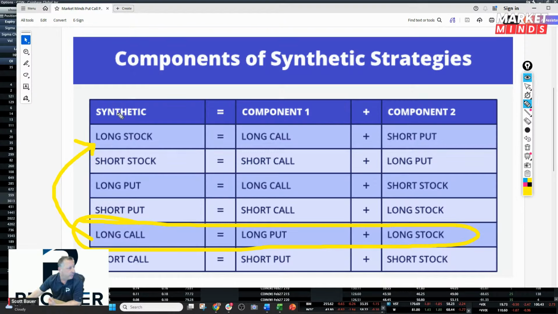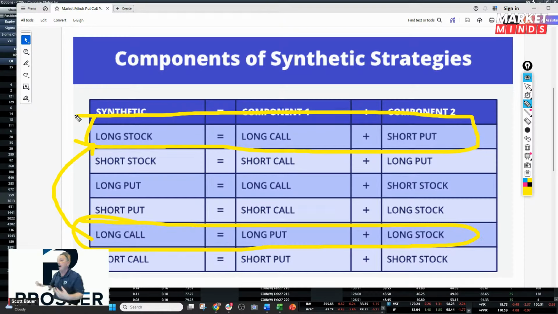Because starting with this, understanding that this is correct from a cost standpoint, a delta standpoint, whatever it might be, looking at it algebraically, we can come up with any of the other positions.